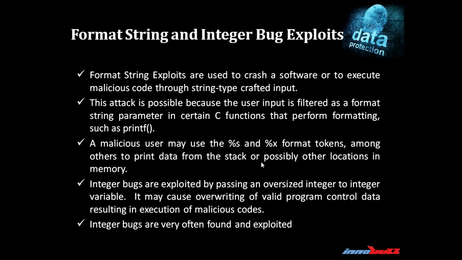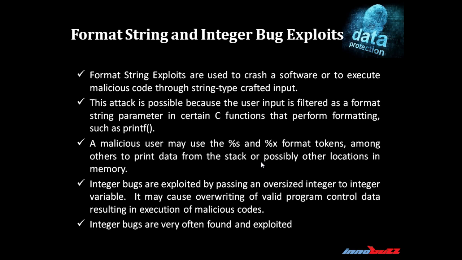Some other types of exploits include format string and integer bug exploits, which are widely used to test applications. Format string exploits are used to crash software or to execute malicious code through string type crafted input. This attack is possible because the user input is interpreted as a format string parameter in several C functions that perform formatting, such as printf.